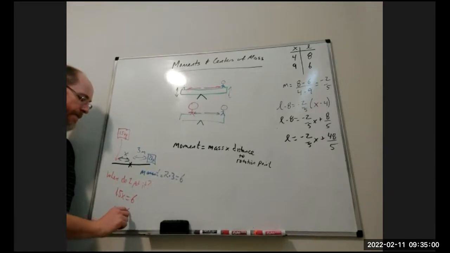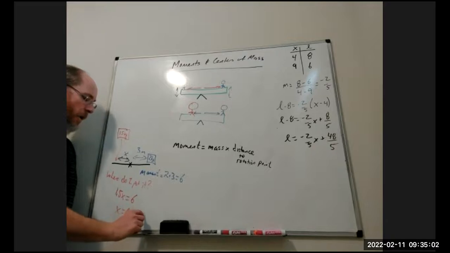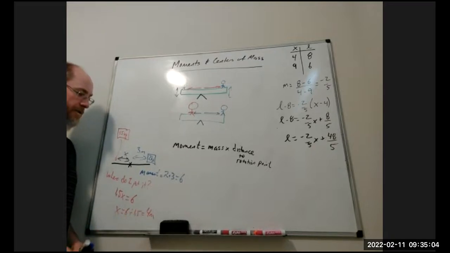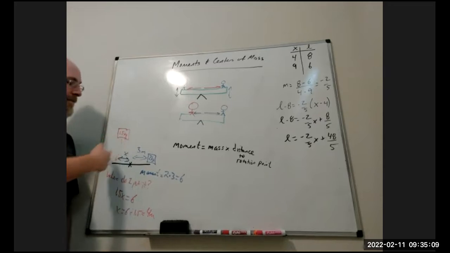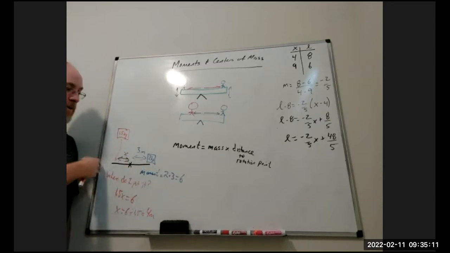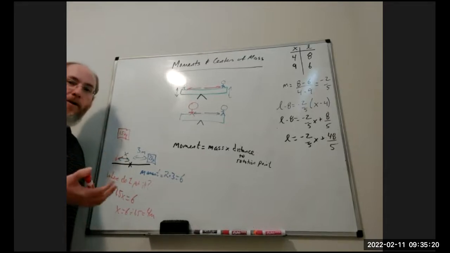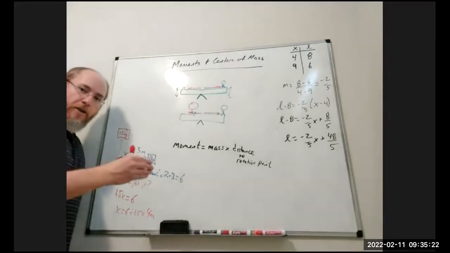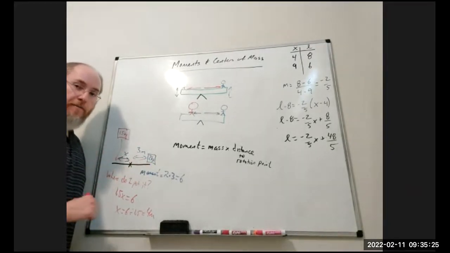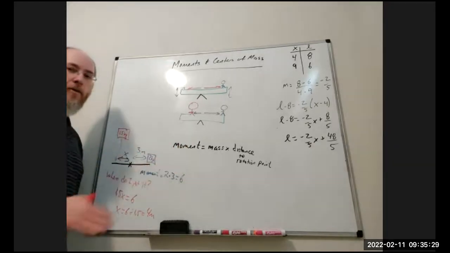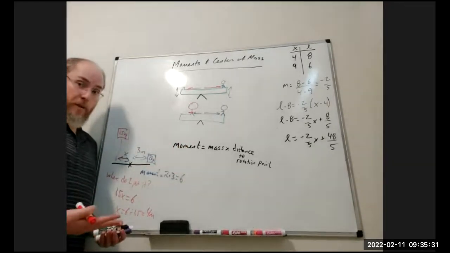So x is going to be 6 divided by 1.5, which is 4. So I'm actually going to have to put that 1.5 kilogram weight further away from that balance point than the 2 kilogram mass was. So just remember, greater mass means closer to the rotation point. You're going to balance it out. All right, so that's all we mean when we talk about a moment.